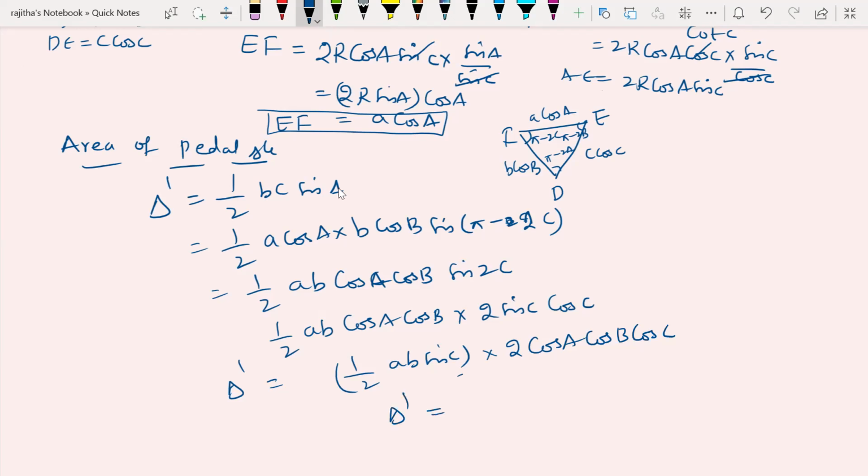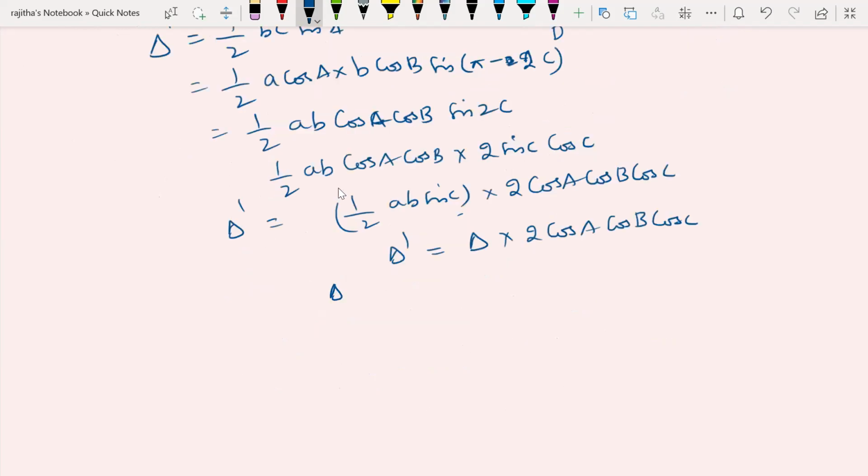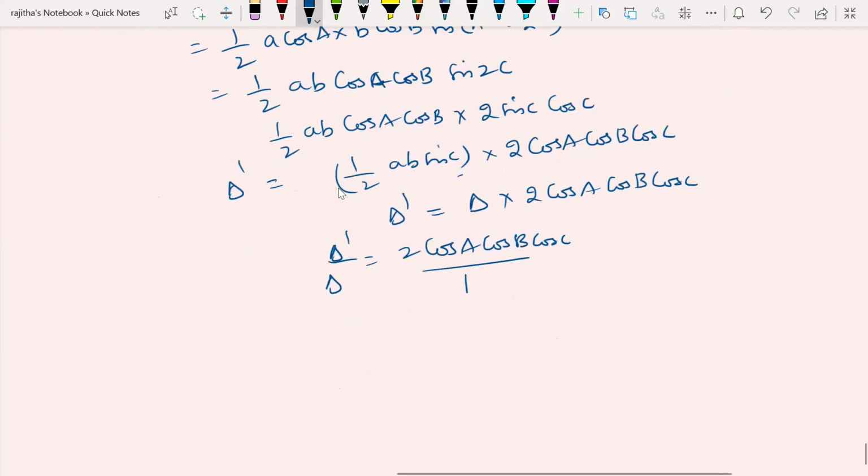Delta dash is equal to delta into 2 cos A cos B cos C. Delta dash by delta is equal to 2 cos A cos B cos C. That is the area of the pedal triangle.